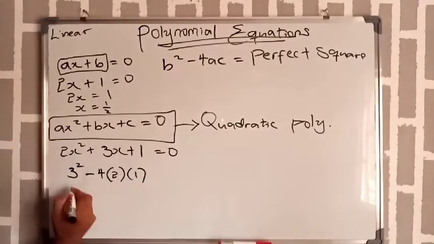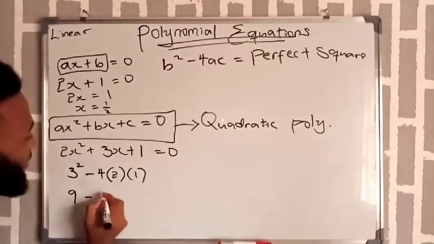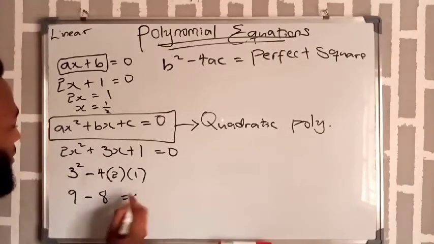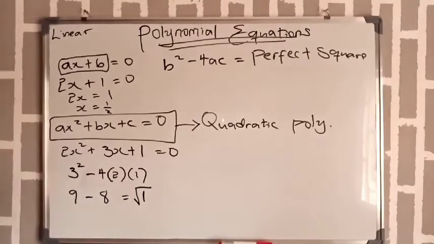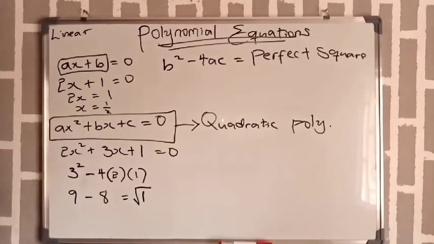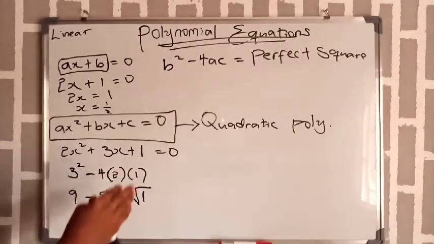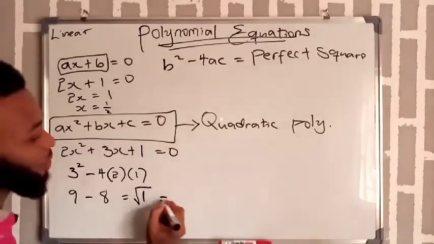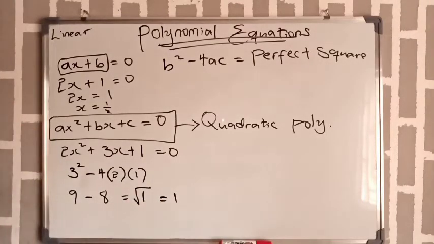That's 9 minus 8, which equals 1. This actually gives us a perfect square because the square root of 1 is 1. That's simply telling us we can solve this with the factorization method, which is the factor method. So I'll start by taking the factorization method and show you how to solve something like this.